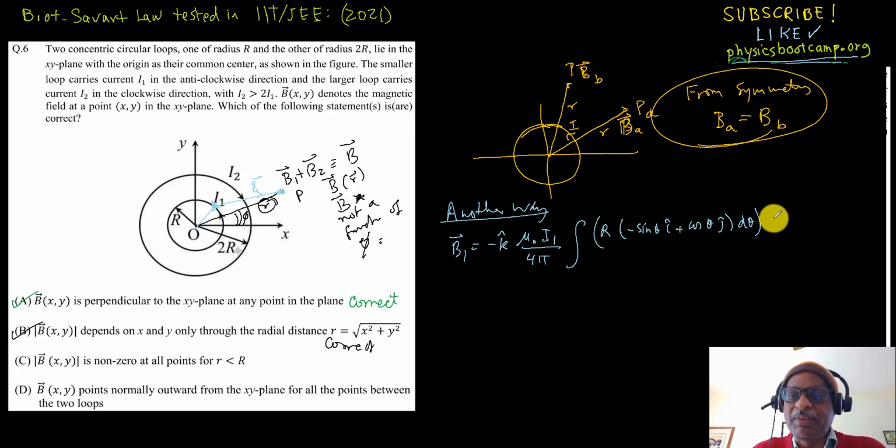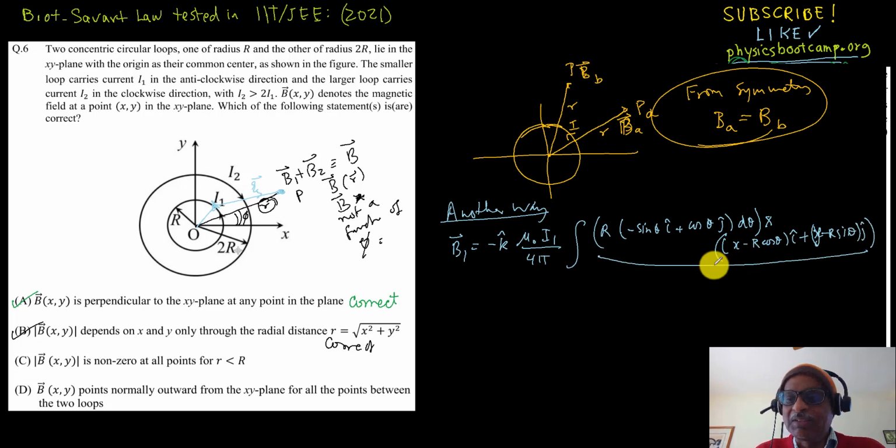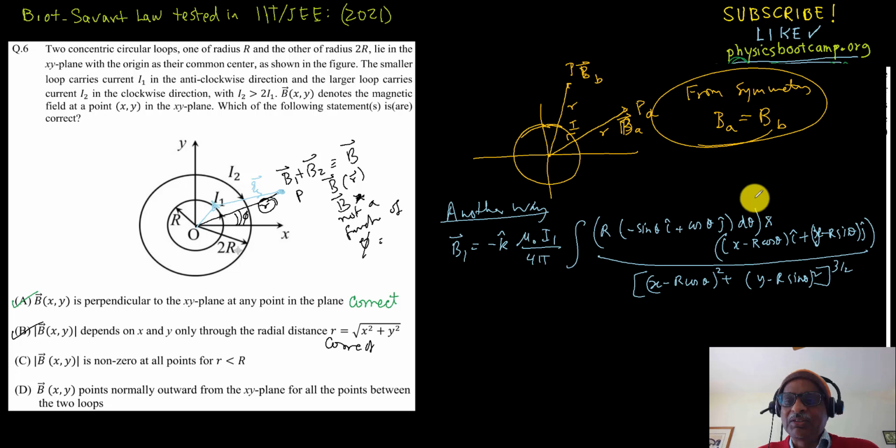That's the dl, and this R will be x minus r cosine theta i hat plus y minus r sine theta j hat, and divide by the cube of this, so it's x minus r cosine theta squared plus y minus r sine theta squared to the 3/2. And this is the integral of d theta from 0 to 2 pi.